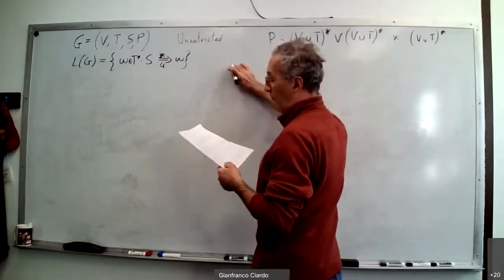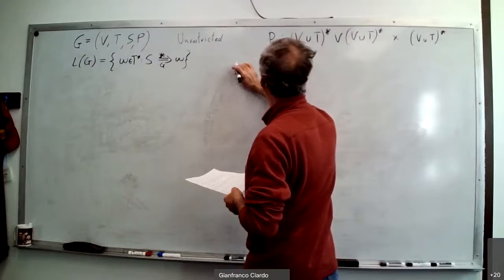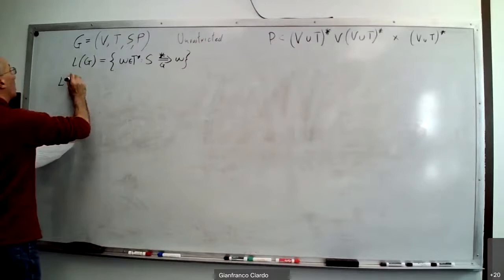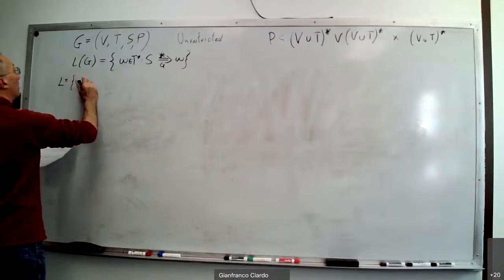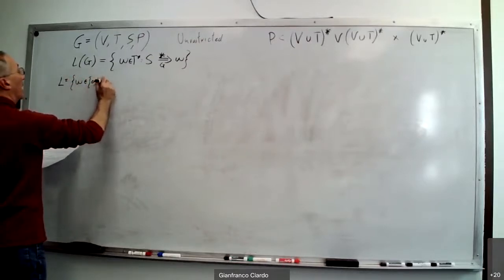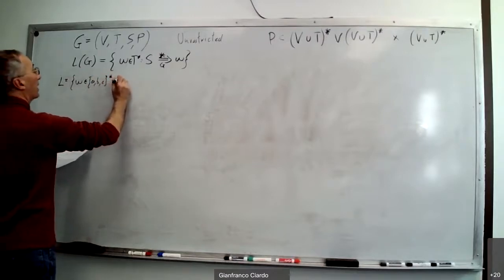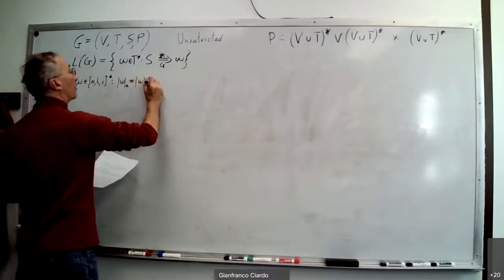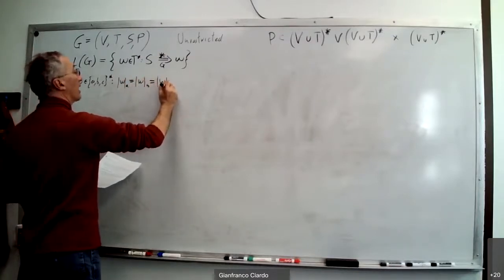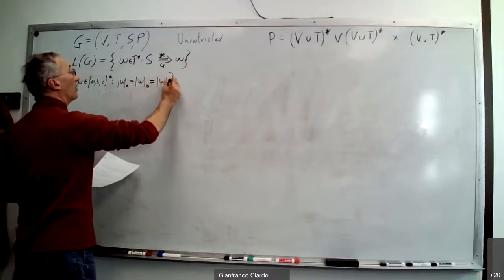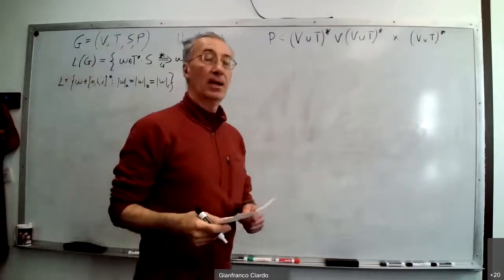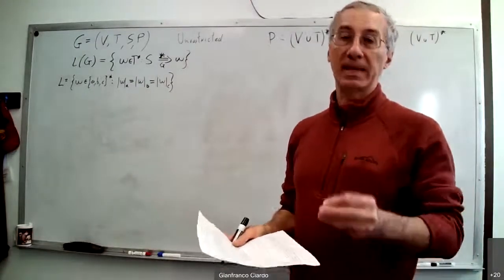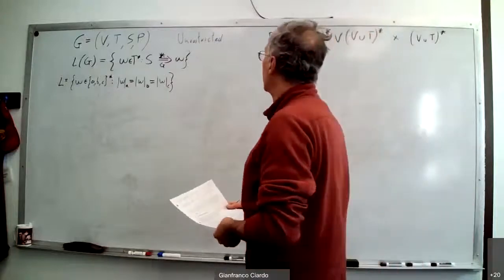So let's generate L equal to the set of W in (a, b, c) star such that the number of a's is equal to the number of b's is equal to the number of c's. And we know that this is not context-free. We can do it if I have a's and b's, but I cannot do it if I have a's and b's and c's.